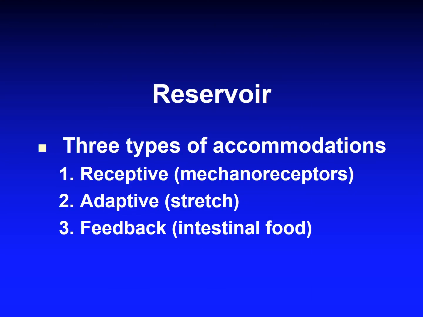So in the reservoir, you have 3 types of accommodations: receptive, adaptive, and feedback, which means that the stomach receives the food from the esophagus and senses the size, the volume of this food, and fluids, any ingested material, through mechanoreceptors. And then it starts adapting to whatever more food we're eating.